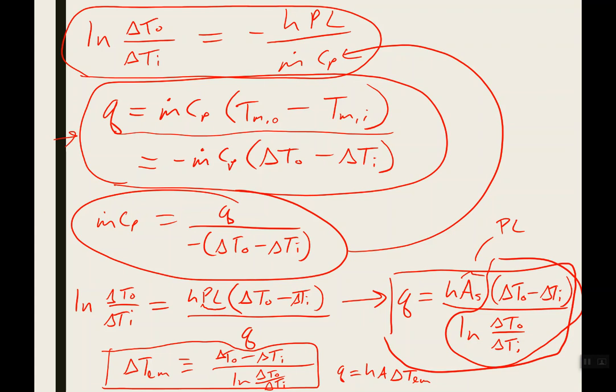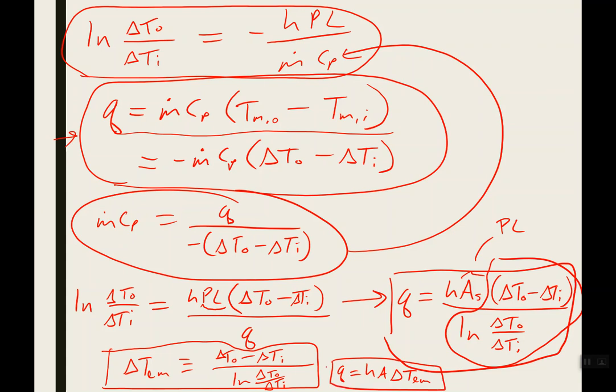So a steady state, constant or averaged heat transfer coefficient, and then constant pipe surface temperature. Although this is also going to apply when we talk about heat exchangers, and when we have two different fluids flowing, this will still apply. Okay, any questions there? So that's the term for Q for those specific assumptions made for this specific example.